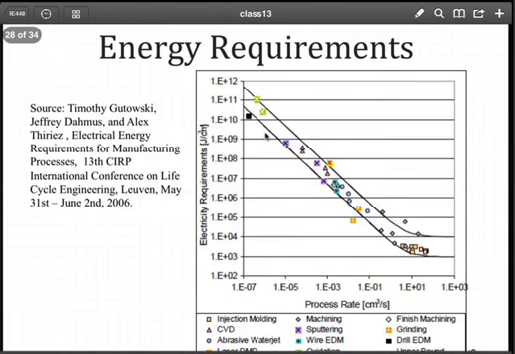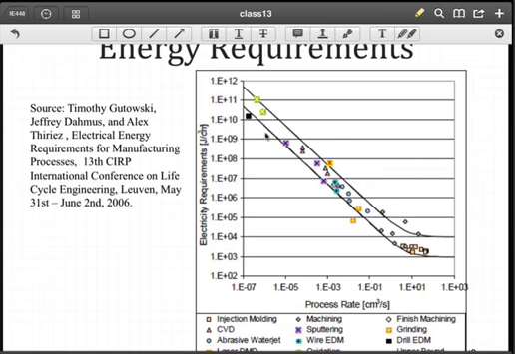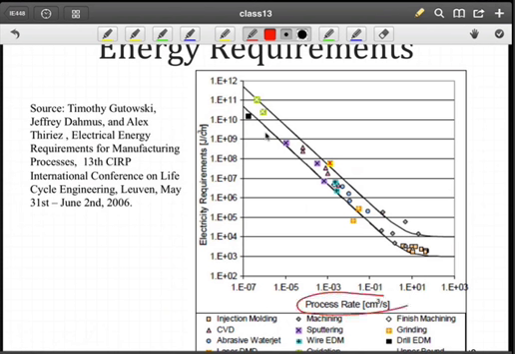Now, some interesting work was done by Professor Gutowski and some others, where they looked at a variety of processes, as you can see here. On the X scale, we see the rate of processing material. That's our material balance, and this is in volume of material per second. And then here we have the electricity requirements in terms of joules per centimeter cubed.